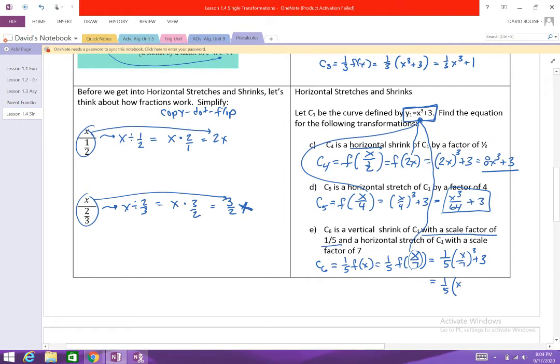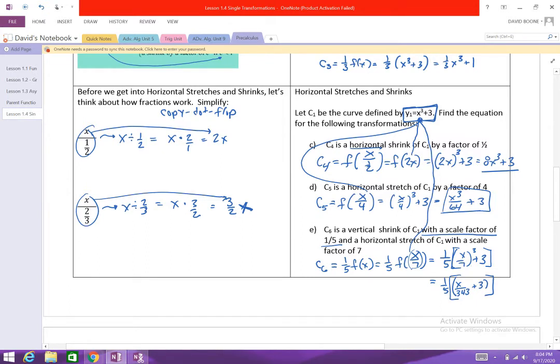Now again, remember, this is 1/5 times all this. This would be x over 7 to the third is 343. That's still plus 3. So that's everything done inside here.